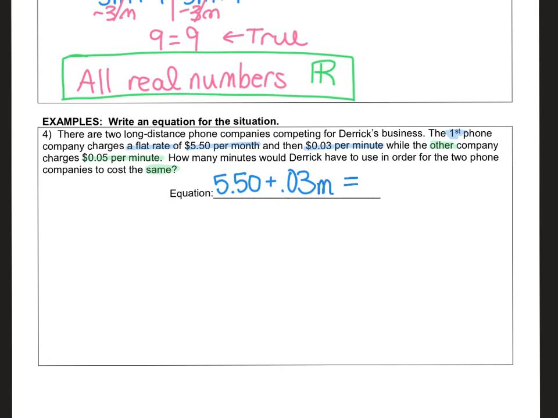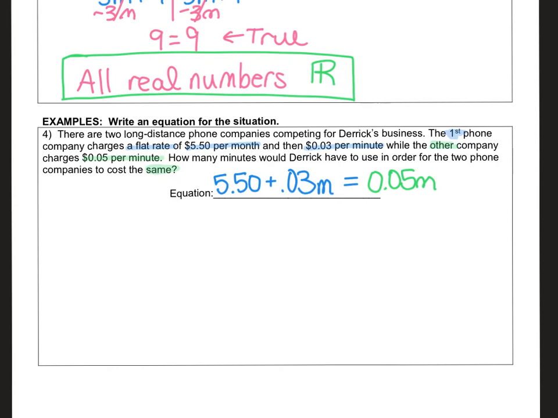Okay, so that's the first company. You have to pay that $5.50, but then it's only 3 cents per minute. The second company doesn't have a flat rate, but you have to pay the 5 cents per minute. So it says, when are they equal? Well, you can see that the first company is not as expensive per minute, but you have to pay that flat rate.